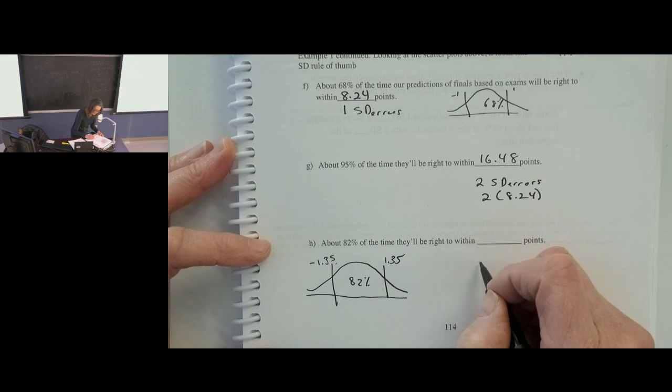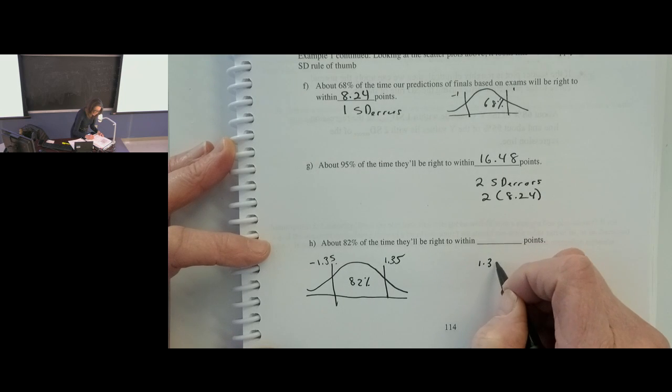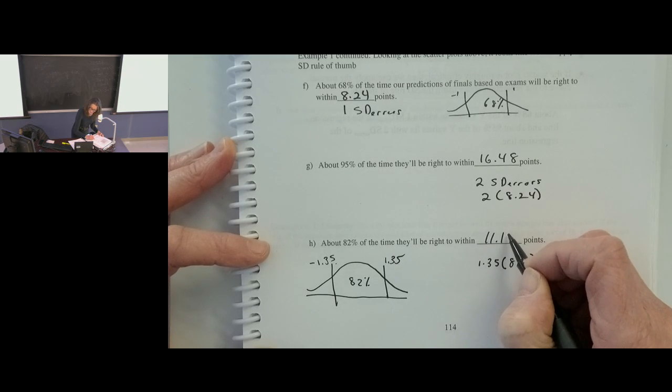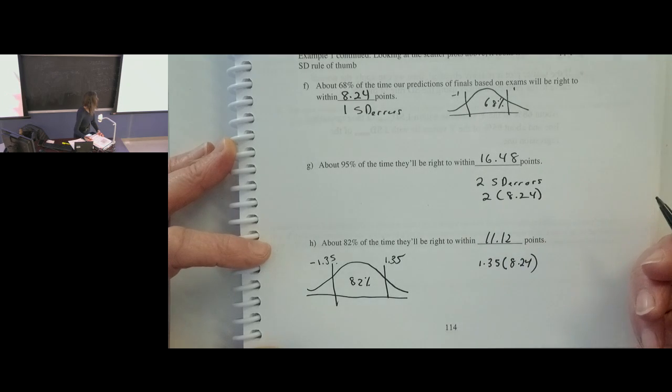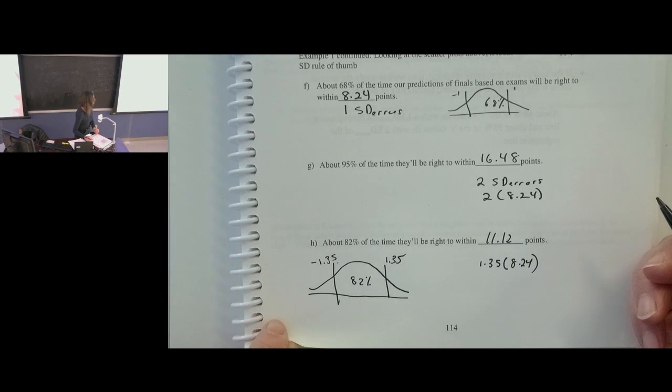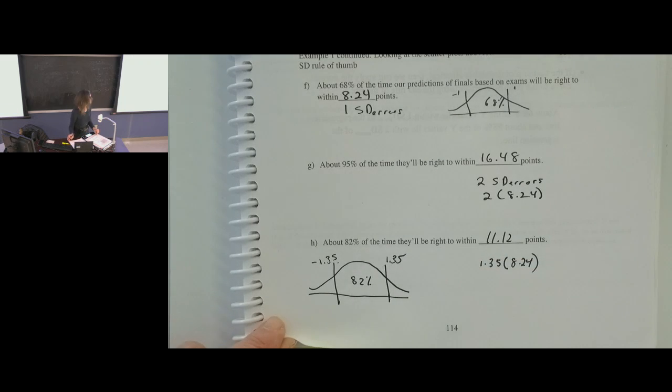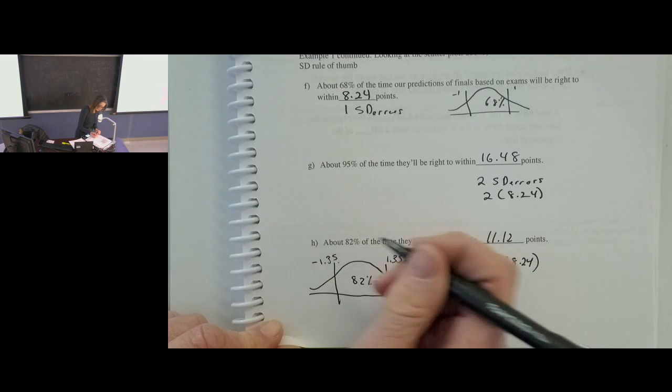So that right there would be 1.35 times 8.24. And I got 11.12. Okay. So that's the idea. Any questions on that? These are our Z stars.